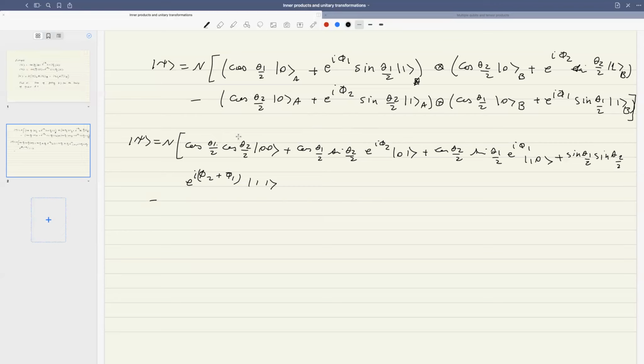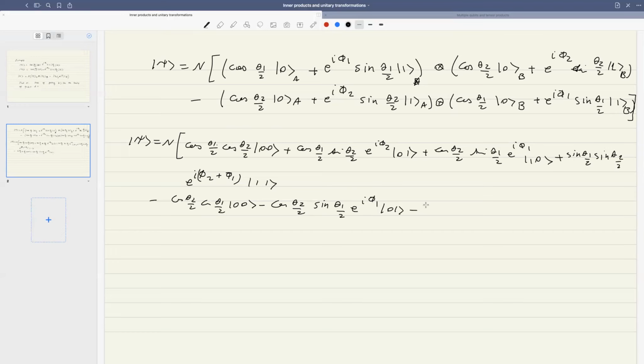So here I have cosine theta 2 over 2, cosine theta 1 over 2, 0, 0. Then cosine theta 2 over 2 sine theta 1 over 2 e to the i phi 1, 0, 1.